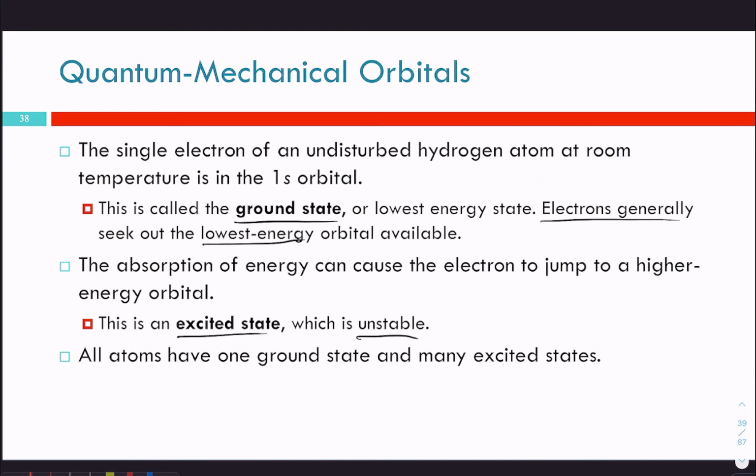So for each atom, we have one ground state, its lowest energy, that's where it's chilling, and many excited states. So there are many possibilities for those electrons to jump up to higher energy levels, but only one low spot that they want to get back to.